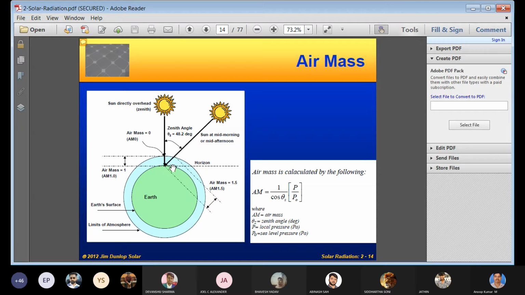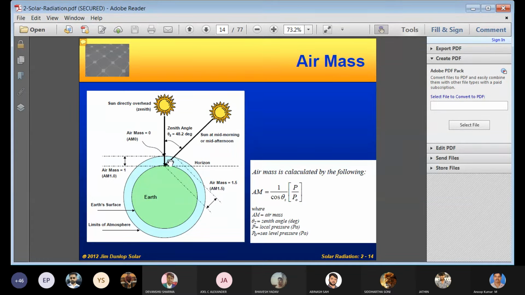The distance between the outer atmosphere and the point you are standing is called AM 1.5. Because it is AM 1, divided by something, there is an angle, no? So that distance increased: 1 by tan 48 is about 1.5, you can calculate.